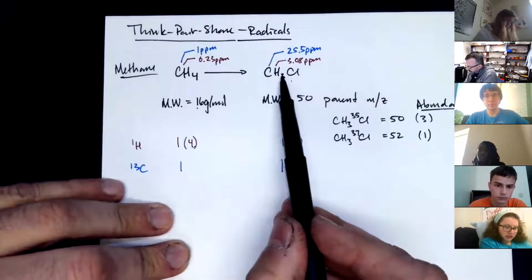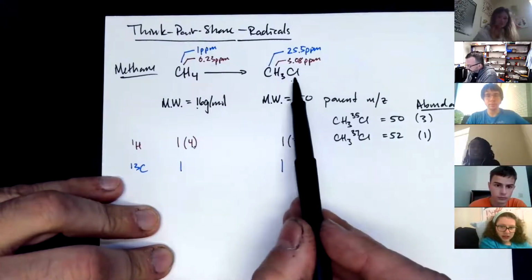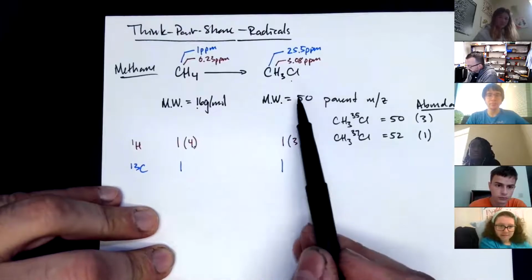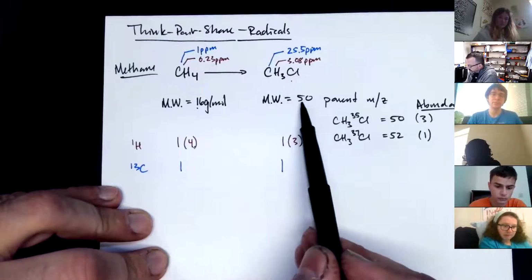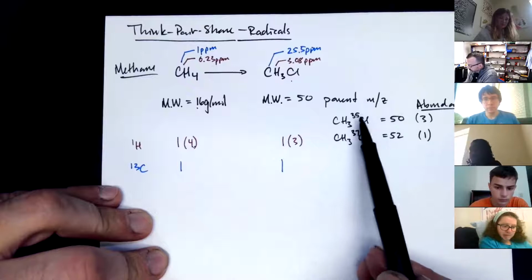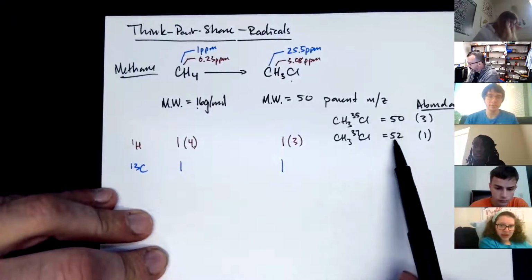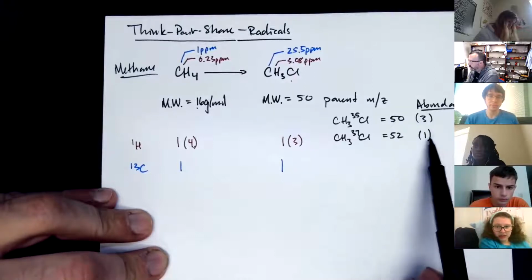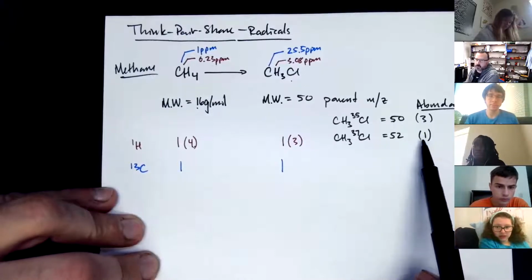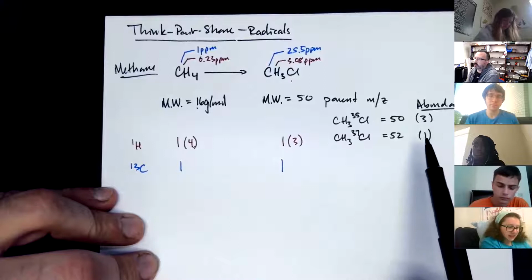So we've substituted an H for a chlorine. Now this gets us a molecular weight of 50 if we're just considering the 35 Cl, but if we consider the 37, it's 52. And again, there's our ratio of 3 to 1. That's what you would expect to see in the parent region of the mass spec.